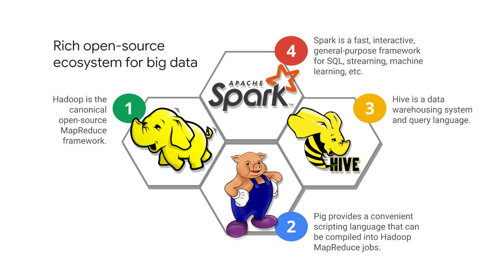In this case, we used Spark ML, which is part of Apache Spark. Apache Spark is an open source software project that provides a high-performance analytics engine for processing batch and streaming data. Spark can be up to 100 times faster than equivalent Hadoop jobs because it leverages in-memory processing.